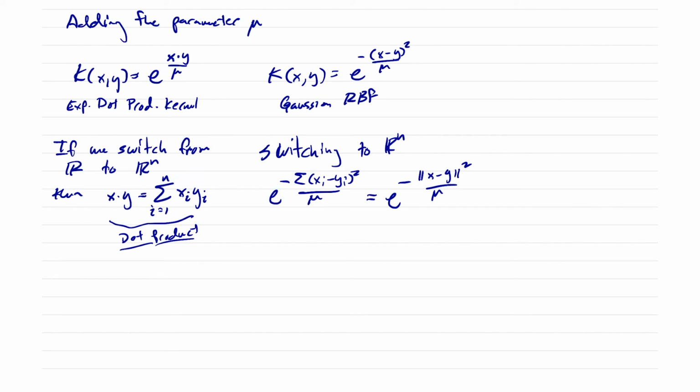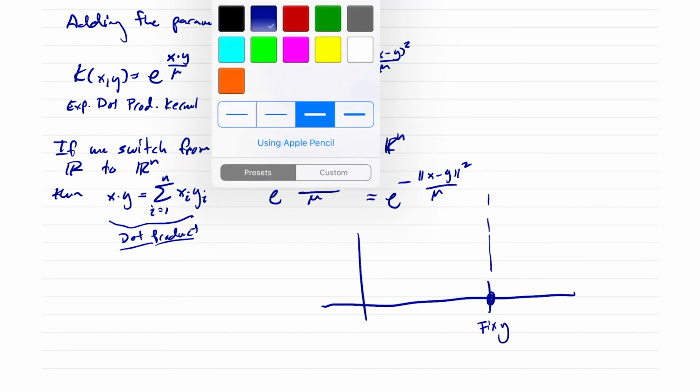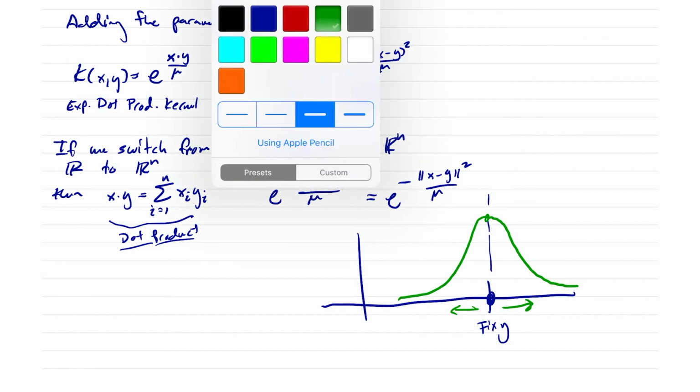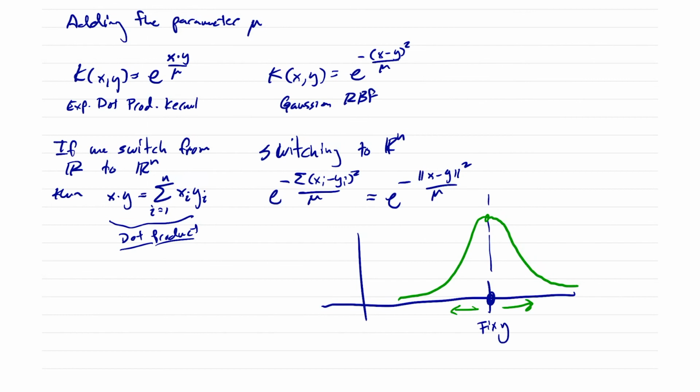So why radial basis function? That is basically because if we choose to fix y here, then the function that we're going to get is going to be centered at y, and it's going to decay as x moves away from y, right? The dot product kernel is a little bit more finicky to think of, but basically in Rn we have the largest contribution when x and y are aligned, and the smallest when they're perpendicular.